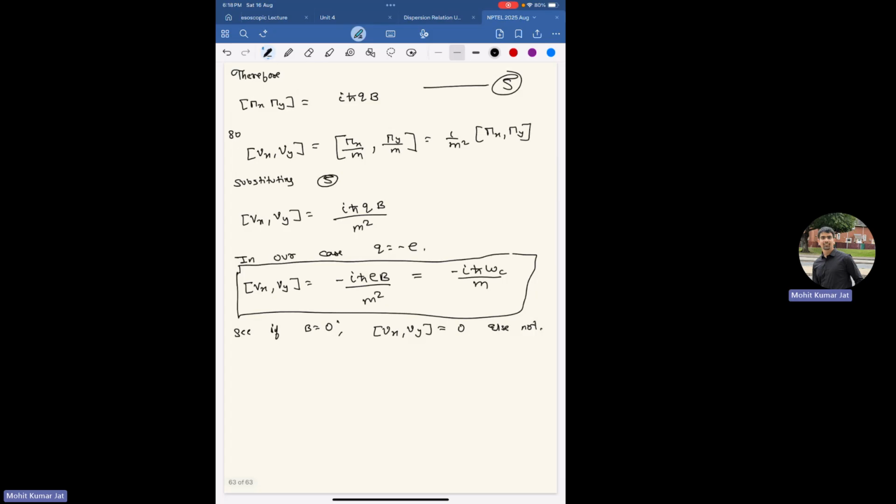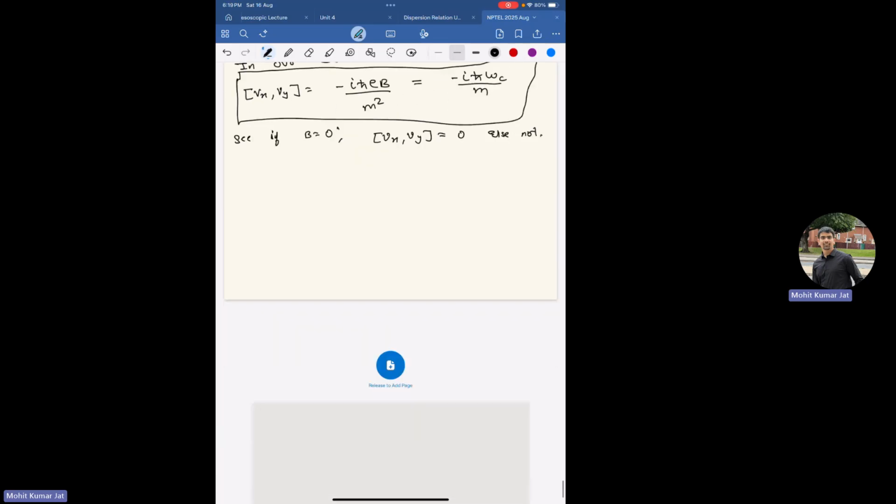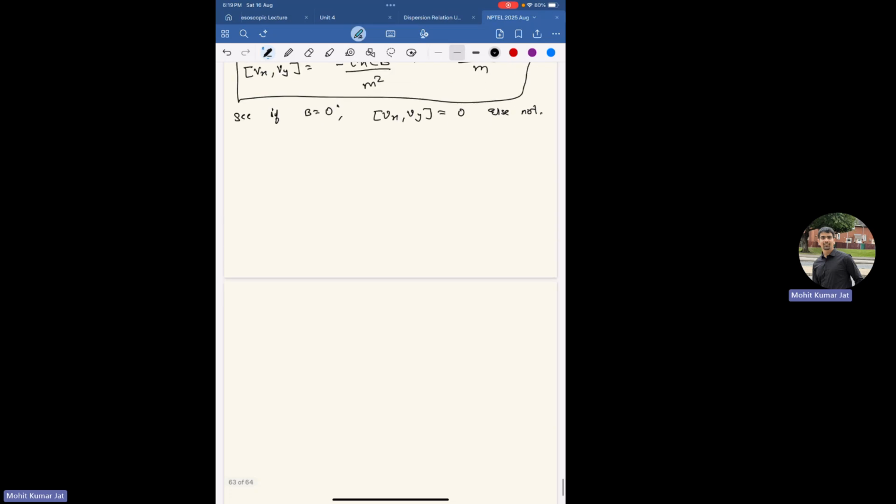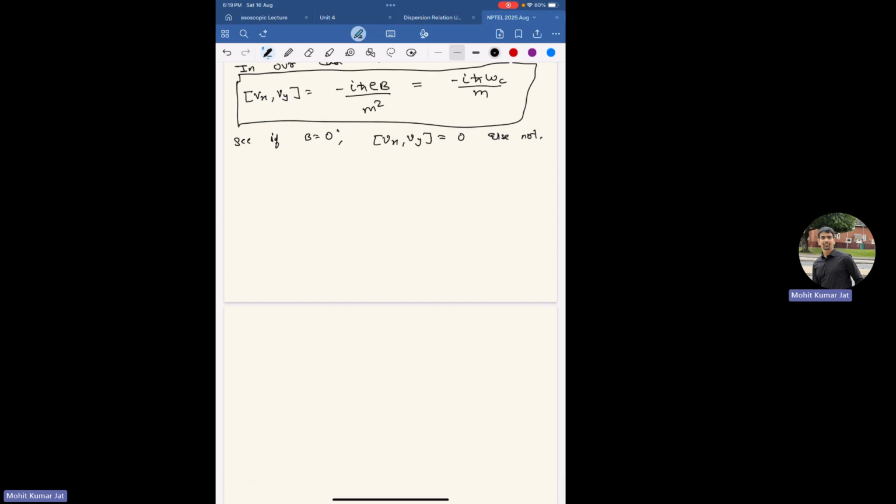The plane wave functions which were there for vx and vy were earlier commuting, right? But now in the presence of the magnetic field, they won't commute with each other, and that's what you see here. There's intermixing of the states, so they don't commute. Yeah. So this is about question number 1.